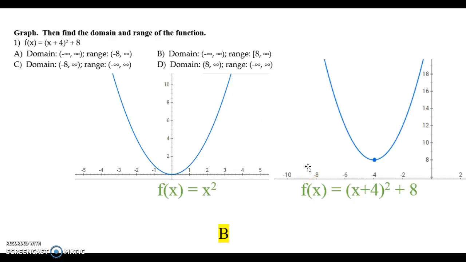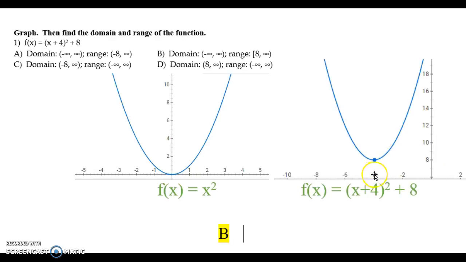Now for the range, again look at page 205. It is all the y values, all the outputs of the function. You can see from our function that the smallest output we can possibly get is the value 8, y equals 8.